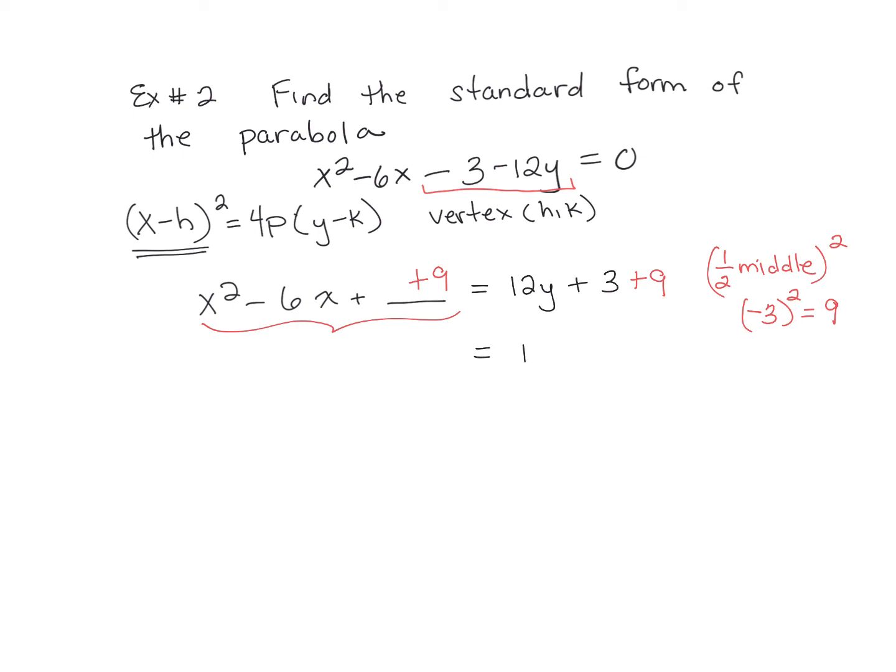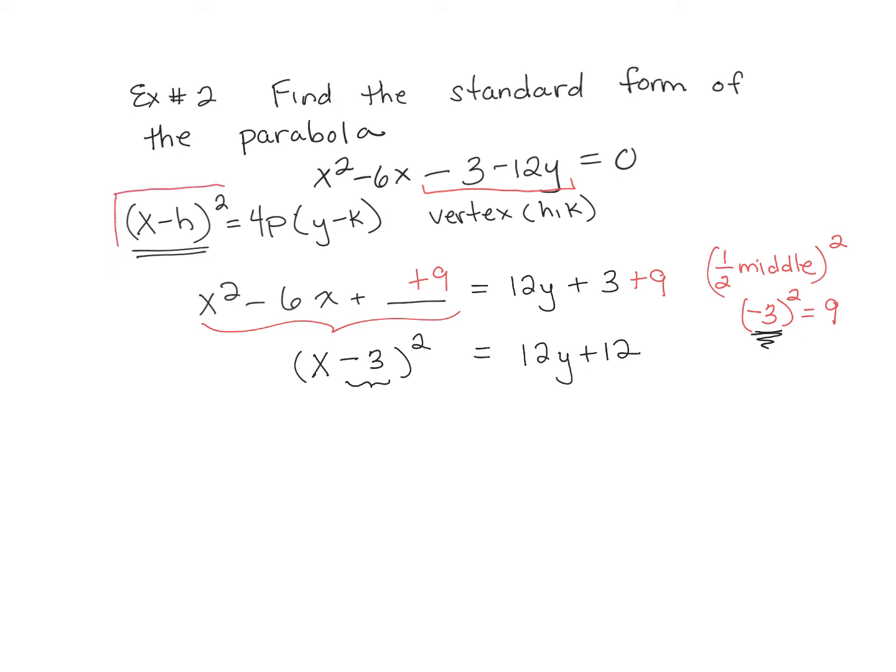So on the right-hand side, we get 12y plus 12. On the left, the whole reason we created a perfect square trinomial is we want this to factor. And we shouldn't have to think too hard because this value here is always going to be the half before you square it. So now we have x minus 3 squared equals 12y plus 12.